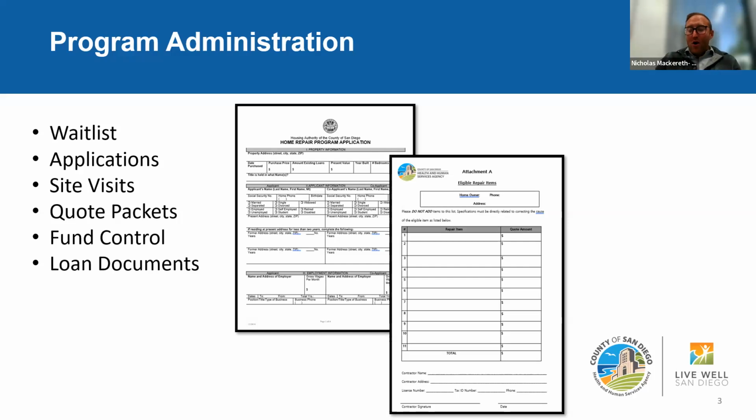The homeowner also signs documents stating that the homeowner is responsible to inspect and approve all work performed by their selected contractor. The county does not guarantee materials or workmanship, and we only inspect to verify completion of each repair item.